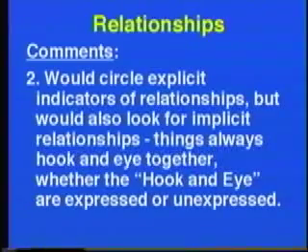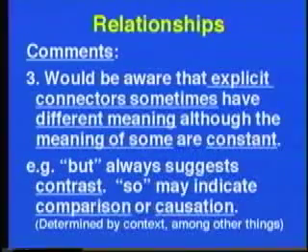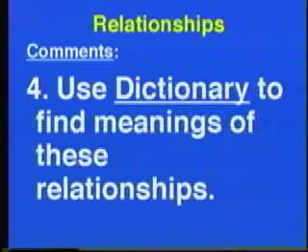So I would always look for relationships if you want meanings. Be aware that explicit connectors sometimes have different meanings, although the meanings of some are constant. For example, but always suggests contrast, but as we've indicated, so may indicate comparison or causation, determined by context, among other things. And finally, do use a dictionary to find the meanings of these relationships, if you're unclear.